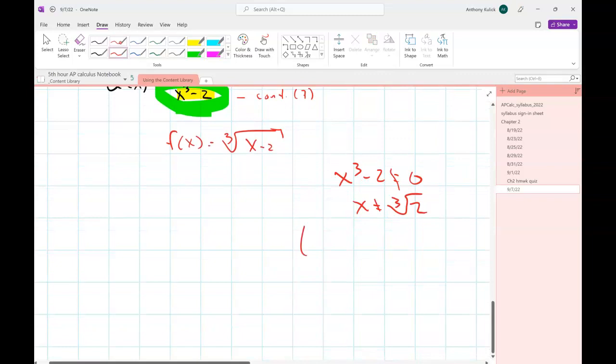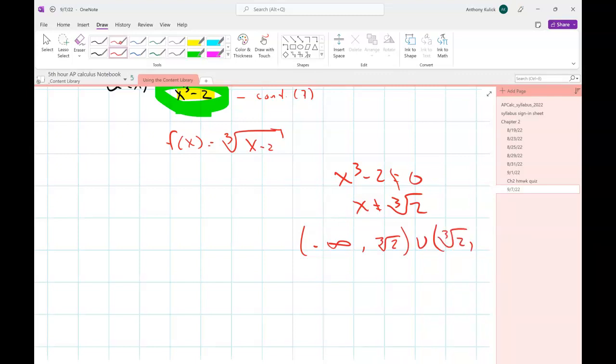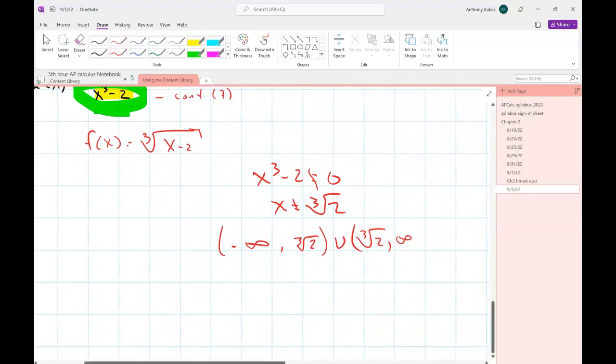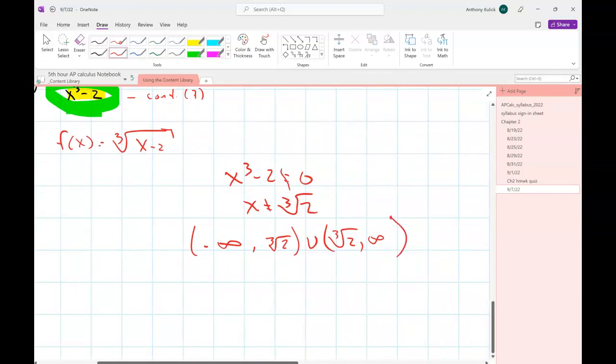So your domain would be negative infinity to cube root 2 union negative 3 and then the cube root of 2. That doesn't seem right. Let's look at my solutions manual here. The solutions manual has the domain that I gave.